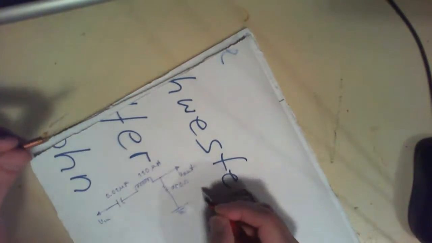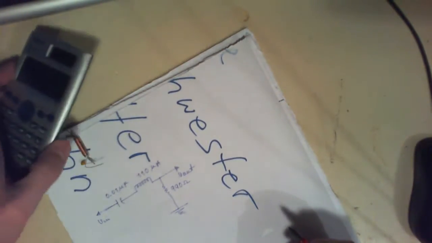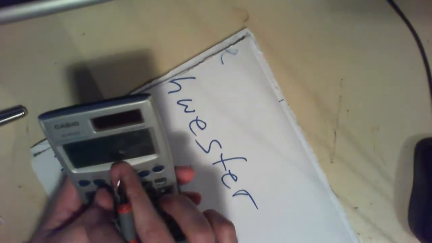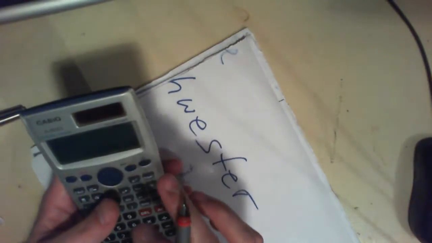The inductor was 110 microhenry, and the resistor was 990 ohm, and the frequency where the output was at the peak was 1.176 megahertz. So the frequency was 1.176 megahertz.